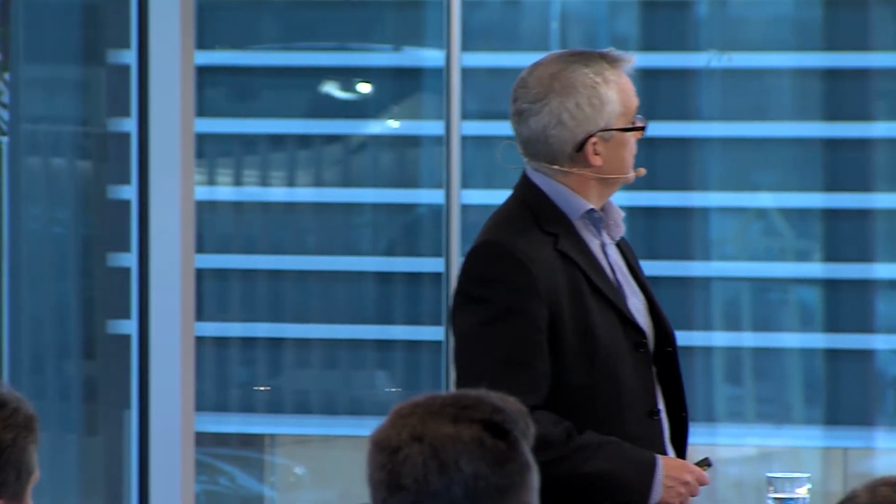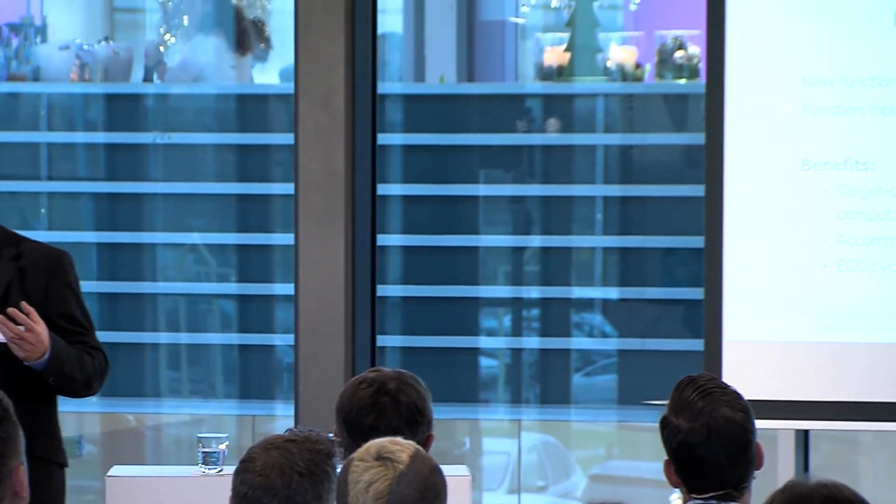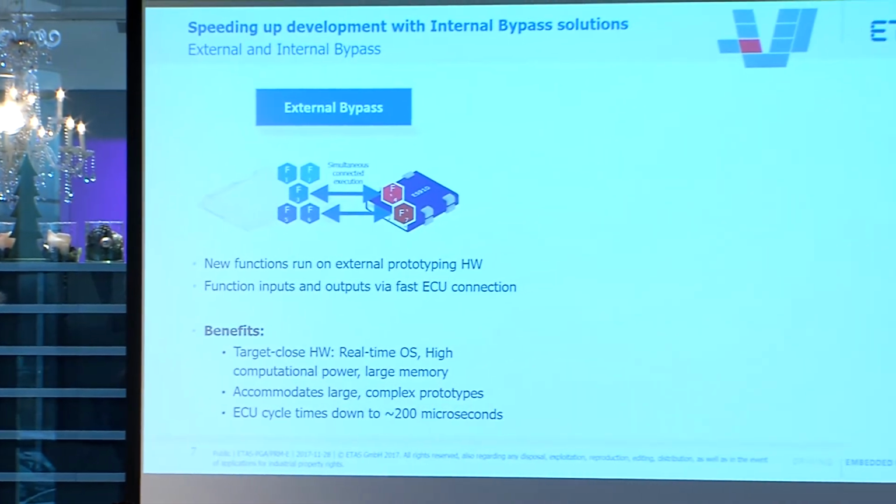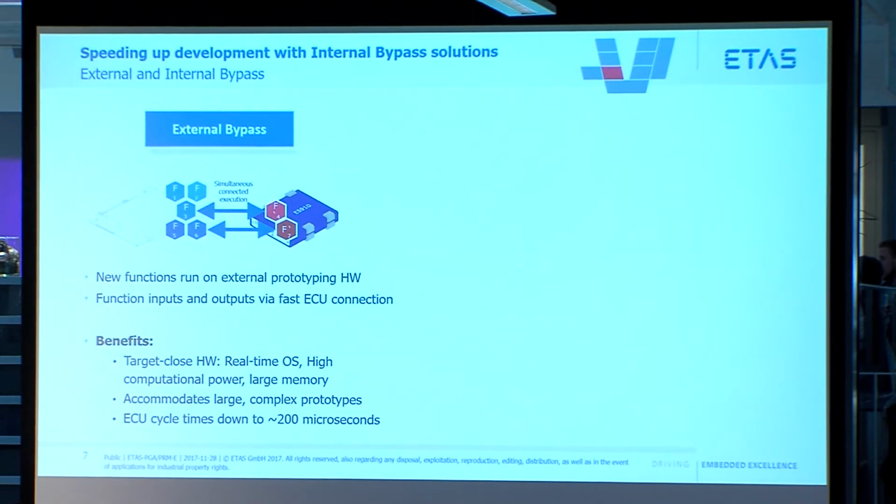So there are two basic configurations, external and internal bypass. In external bypass, the new function runs on some dedicated external prototyping hardware, and the inputs and outputs to the ECU are normally provided by some fast ECU connection. The advantages of this setup are that you can run the prototype on target-close external prototyping hardware, which will have a real-time operating system, similar or maybe even identical to the real ECU.